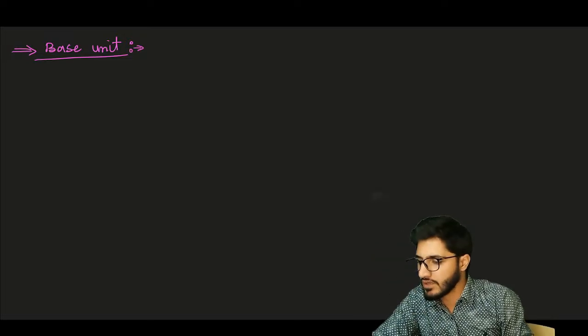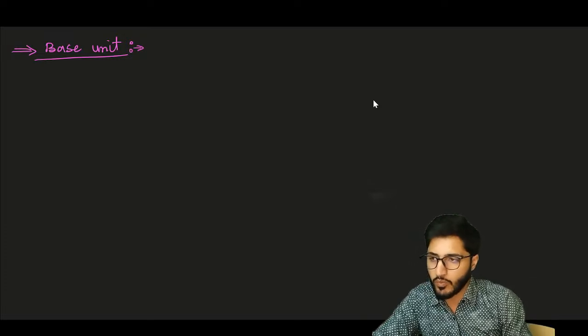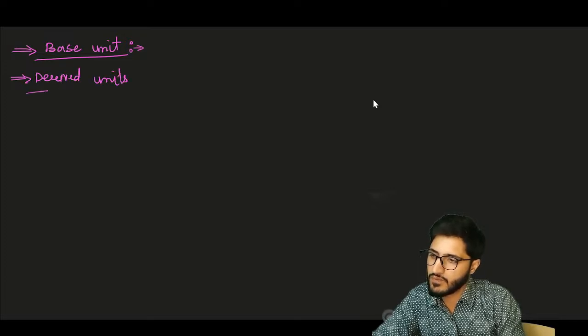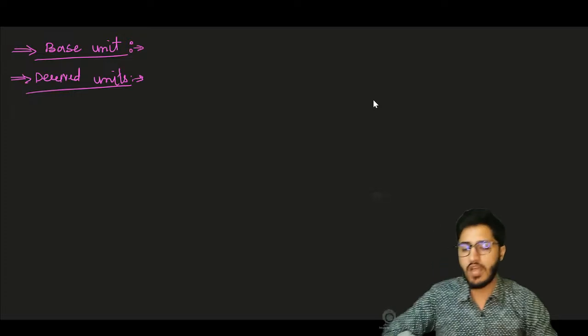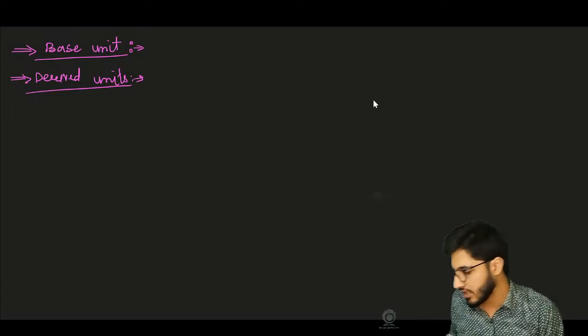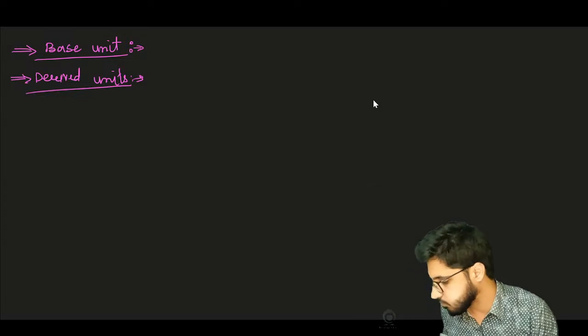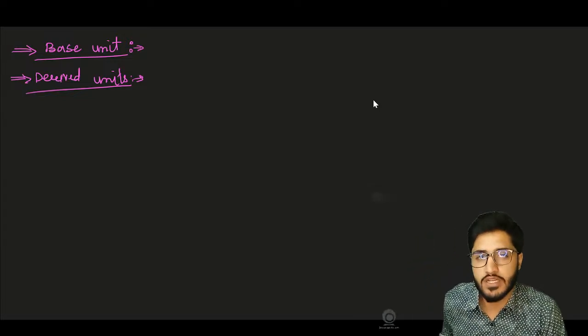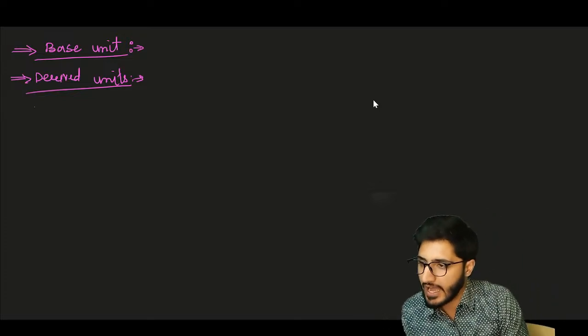Now we are having derived units. Derived units means units which we are having with the derived quantities. So we were having speed.